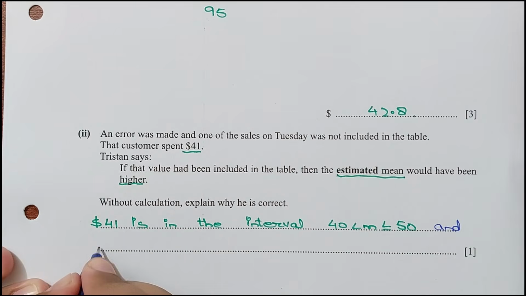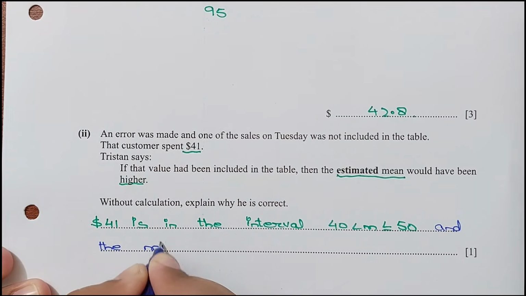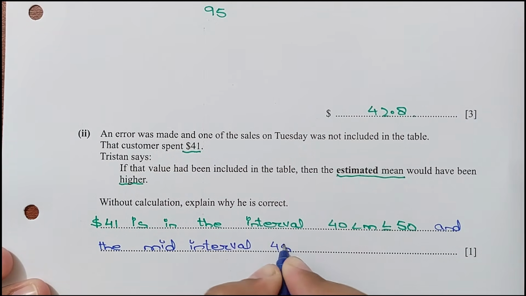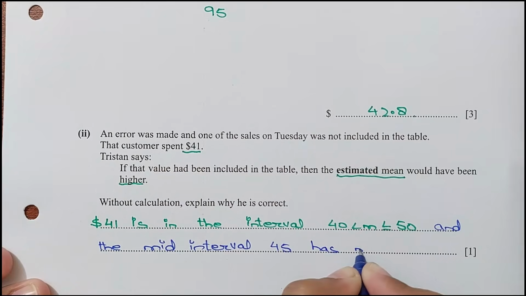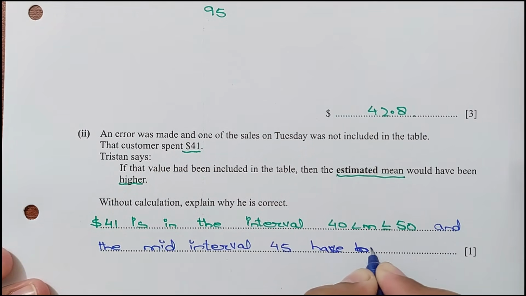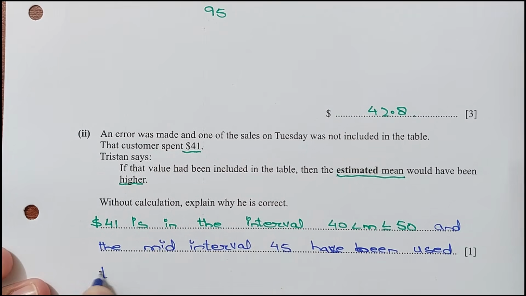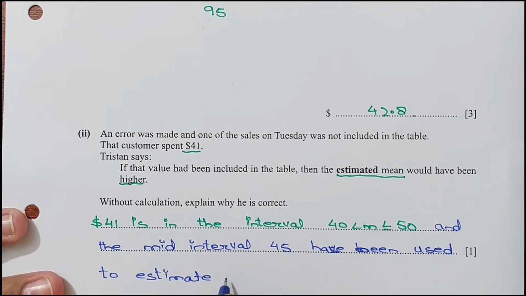And the midpoint of the interval, 45, would have been used to estimate the mean, right?